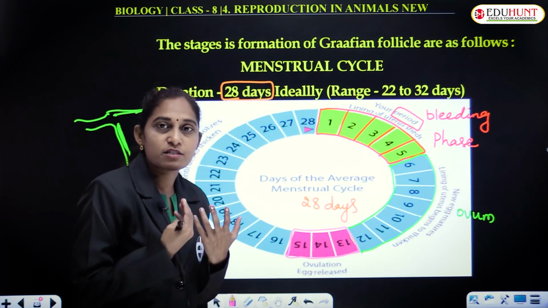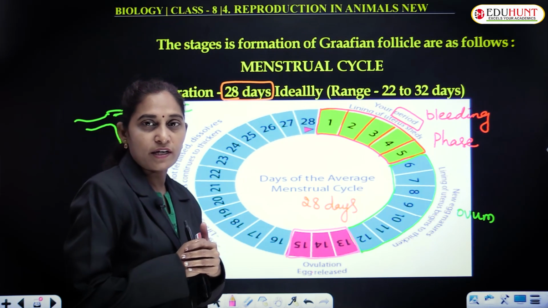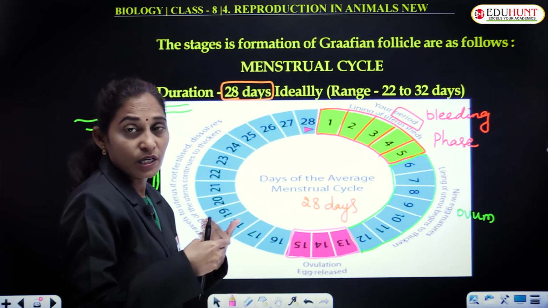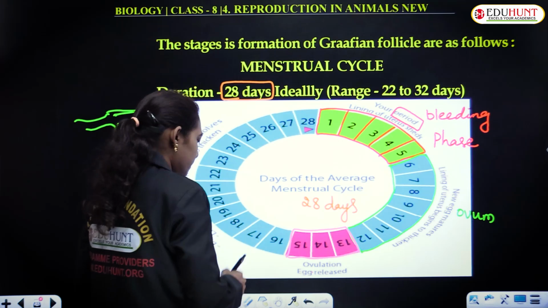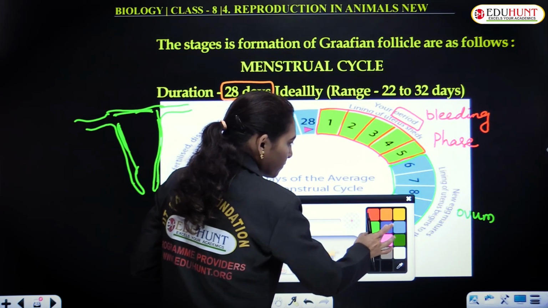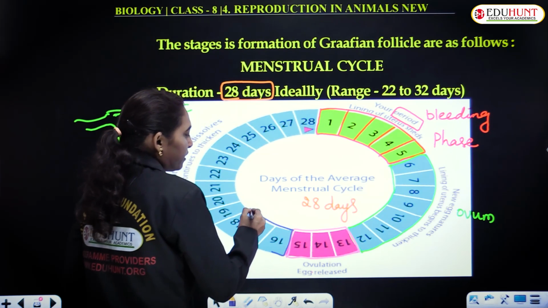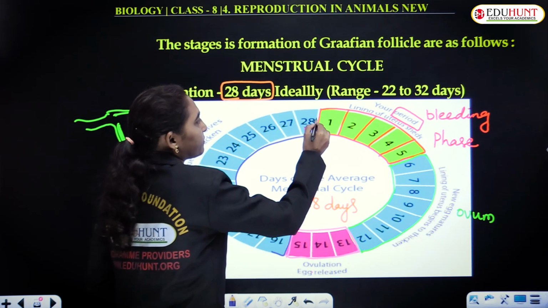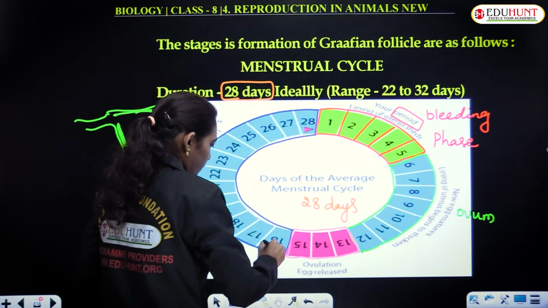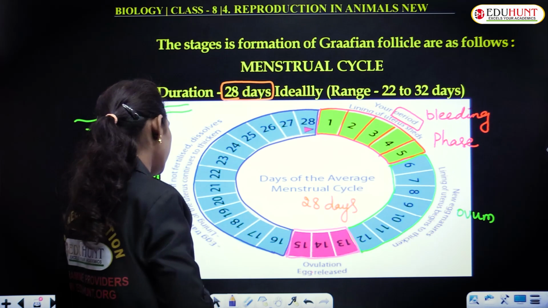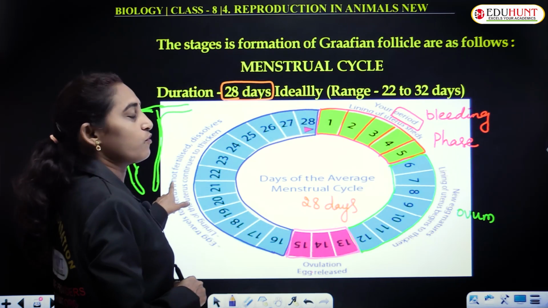The female gets pregnant. If the ovum is not fertilized by the sperm, then what happens? From day 16 to day 28, the egg travels to the uterus if not fertilized.